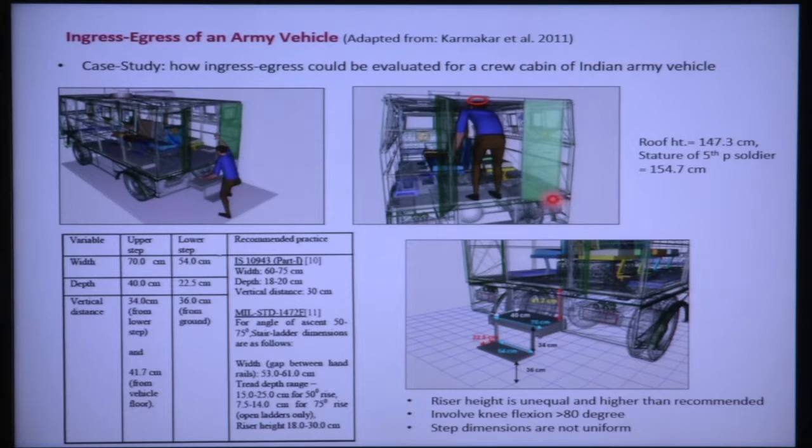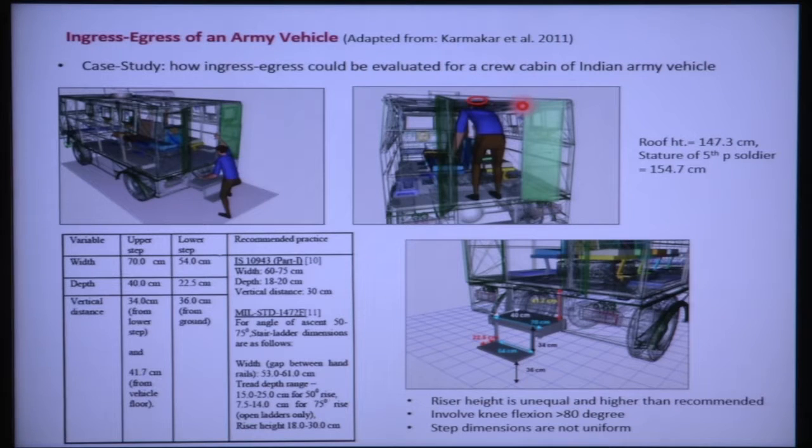Apart from this, in this particular vehicle, the vertical space from ground to the roof, or the opening of the door, is not sufficient for comfortable entry even for a 5th percentile soldier or 5th percentile army population, because the design was constrained by some other criteria.